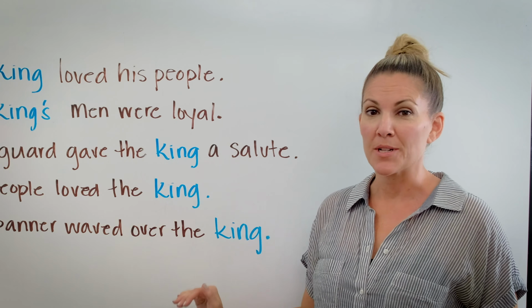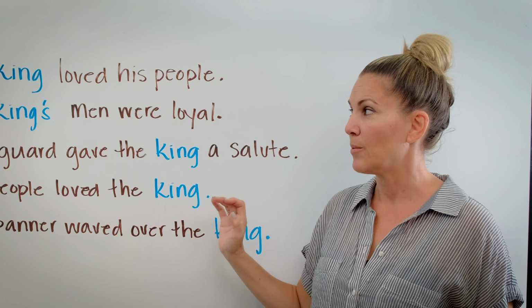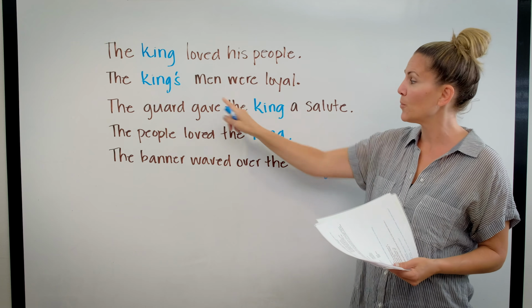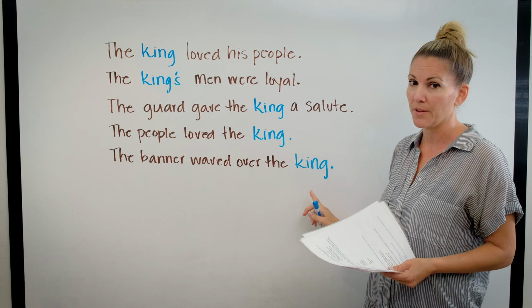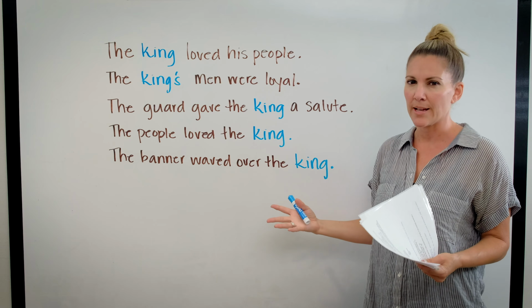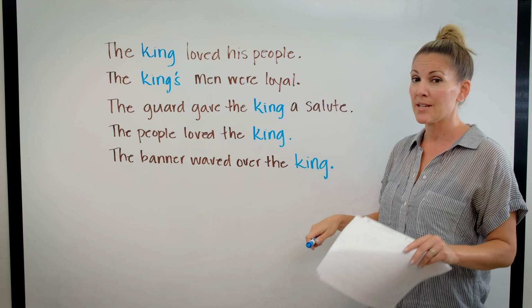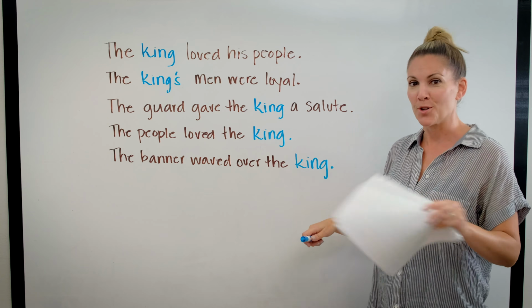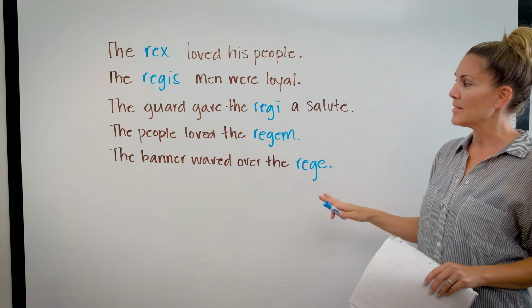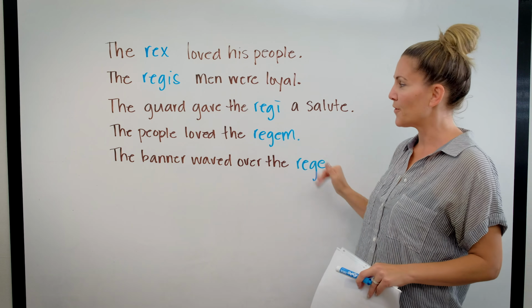All right, let's go back to our sentences here, and I'm going to show you exactly what I mean. I've explained that in English, the spelling of the word doesn't change based on the role that it's playing in the sentence. In Latin, however, it does. So what would that look like exactly? I'm going to show you. I'm going to touch the board and turn it into Latin. Okay, as you can see, this is the word for king.